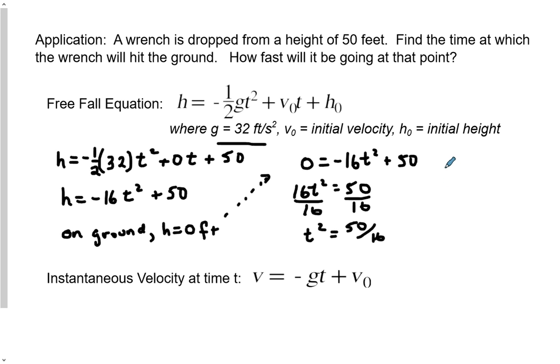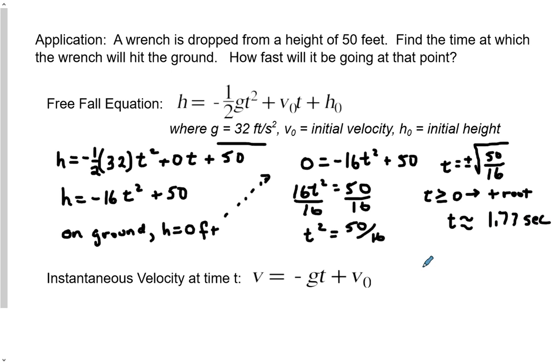When we reduce, we're going to say t will be normally equal to positive or negative the square root of 50 over 16. But since t represents time, t must be greater than or equal to 0, so we're only going to deal with the positive root only. And our case is going to give us t approximately equal to 1.77 seconds.